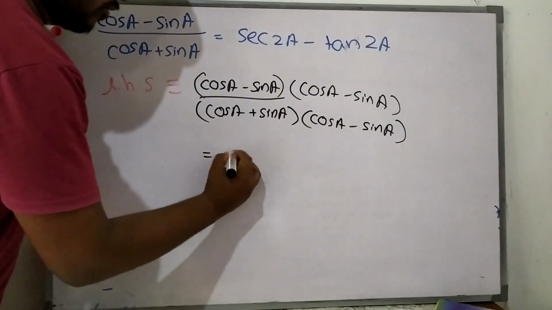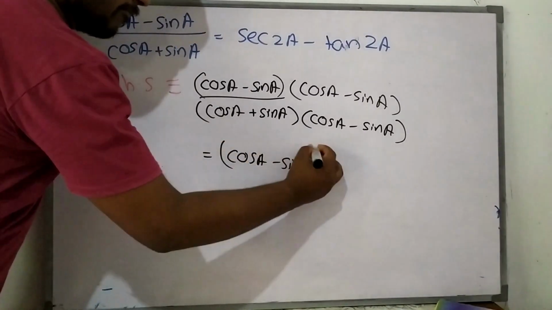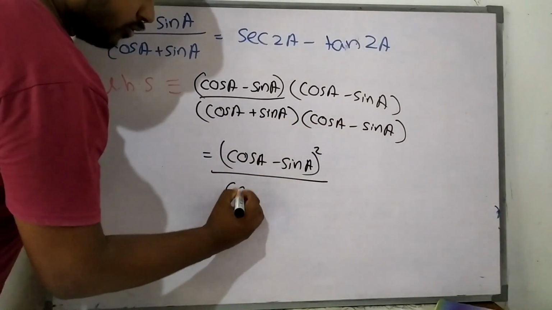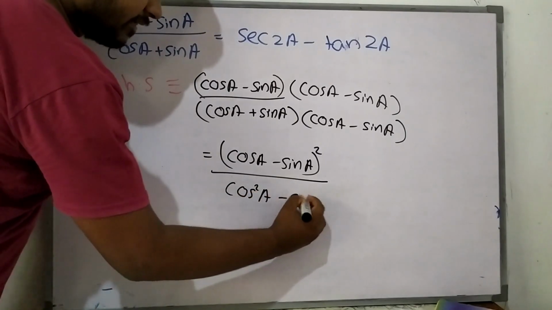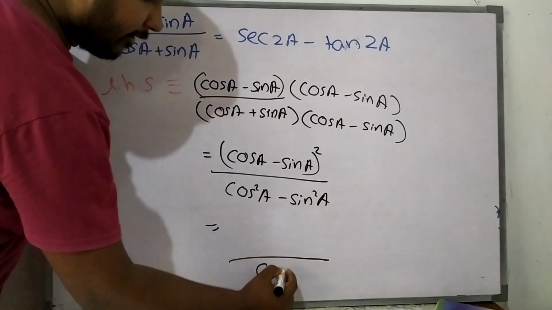So this is cos A, this is cos squared A minus sine squared A. So this is cos 2A.